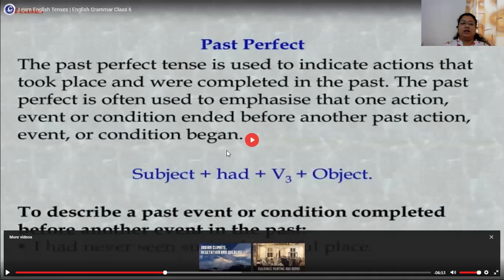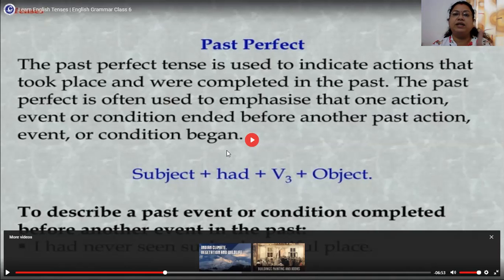Now, third one. Third member of past perfect. The past perfect tense is used to indicate the action that has been completed. We are sure about it. We know about it. That's the perfect. Past perfect.